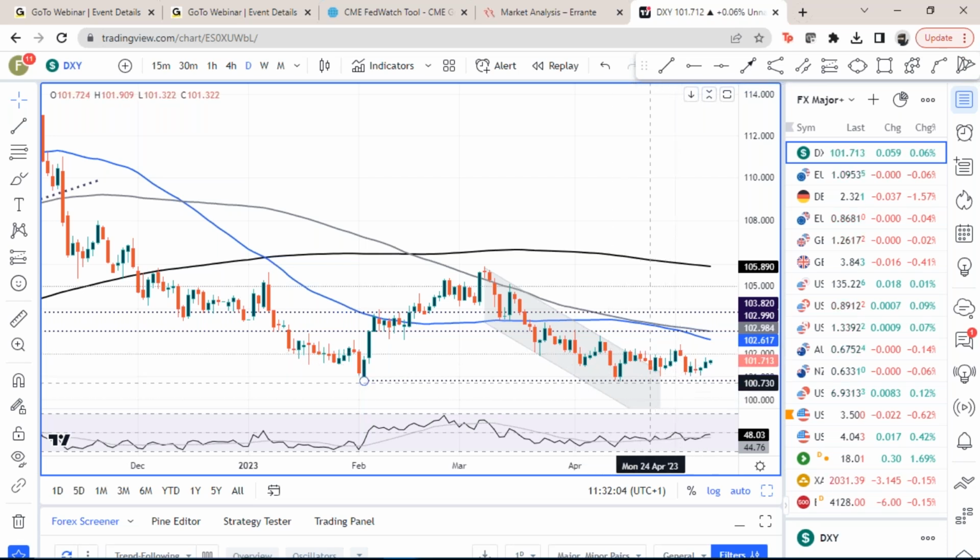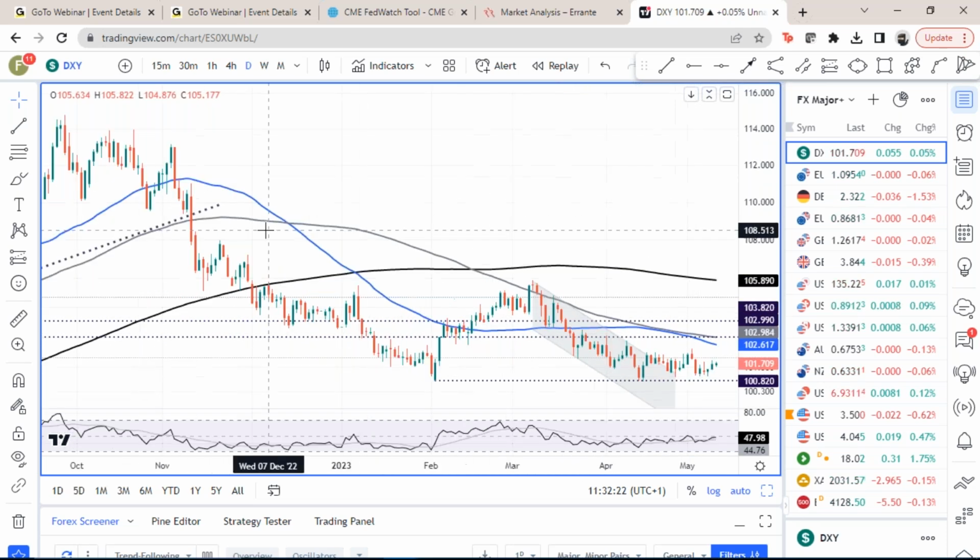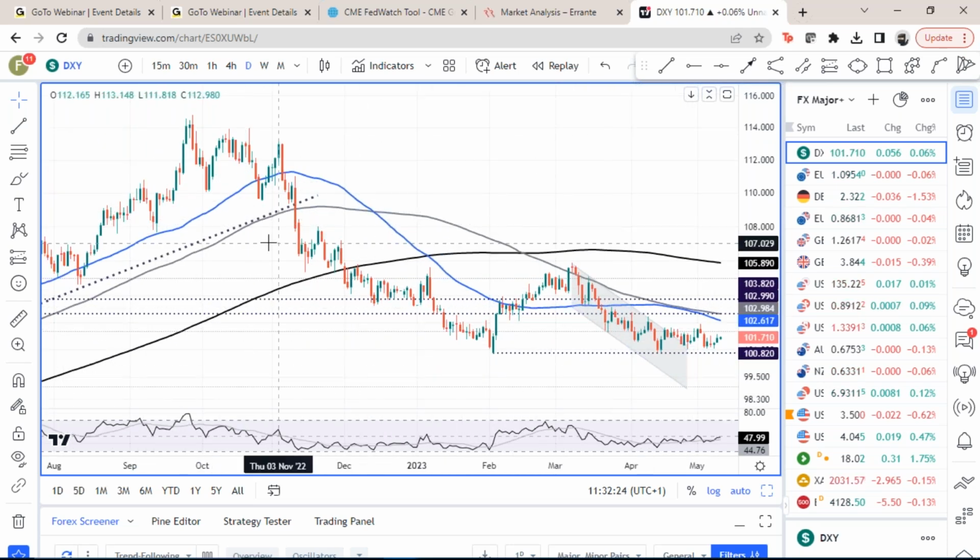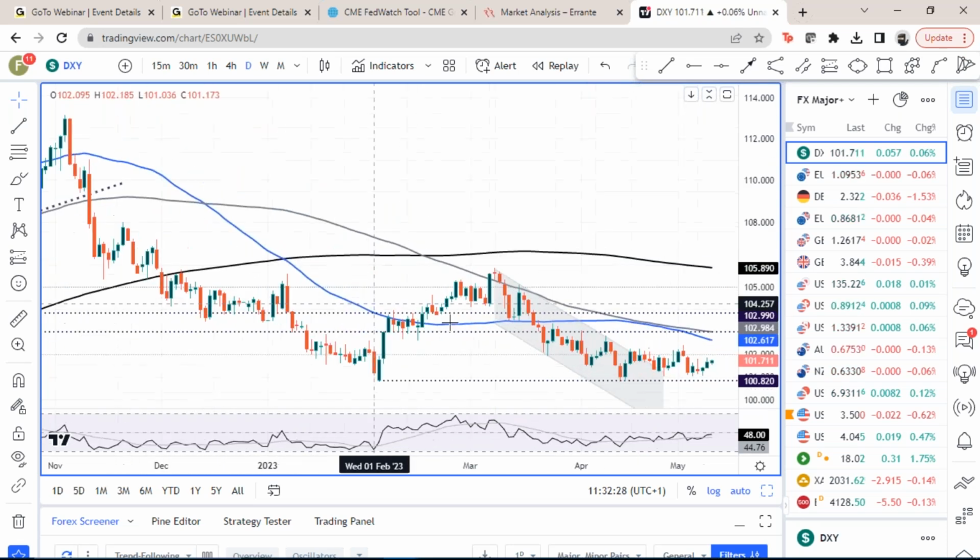There is a base though, and if we do push higher, we probably need to move above 102, and then this pivot high from the start of May, the month to date high at 102.40, to slow and stop this medium term or longer term downtrend that you can see from the highs back in autumn of last year.